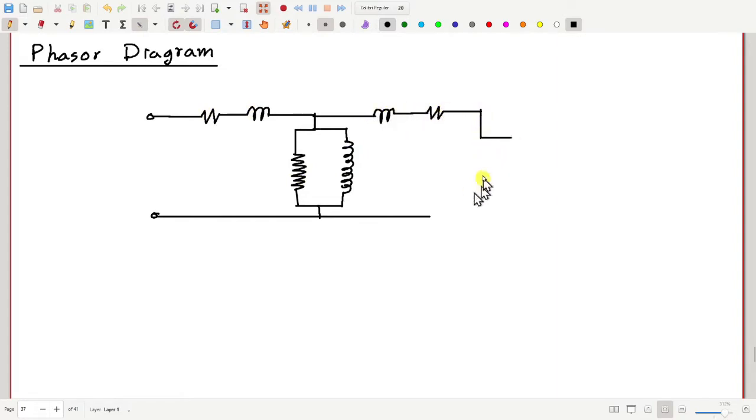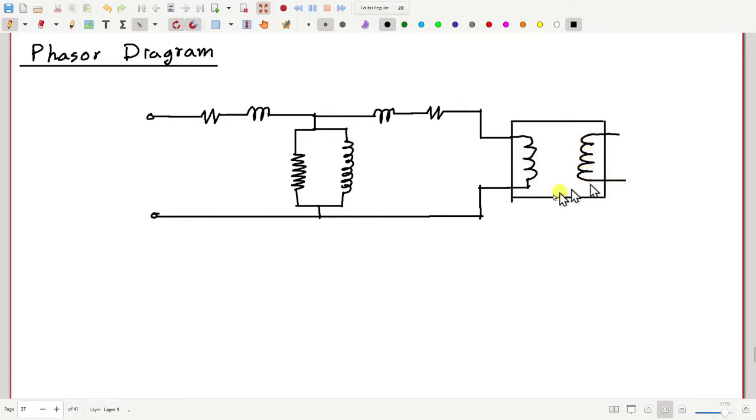Okay, and then these impedances together with an ideal transformer that makes the equivalent circuit of a practical transformer. So this is ideal transformer.